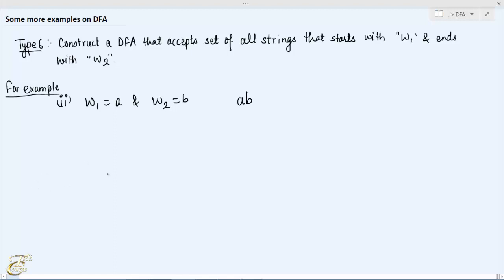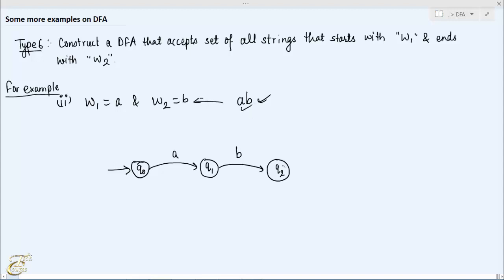Now we have to represent this basic string by using a state diagram. So let's start with the starting state Q0. Reading the first A from the Q0 state leads to the new state Q1, and then reading the B symbol from the Q1 state leads to the state Q2. Since this string belongs to this language, we have to accept this string.